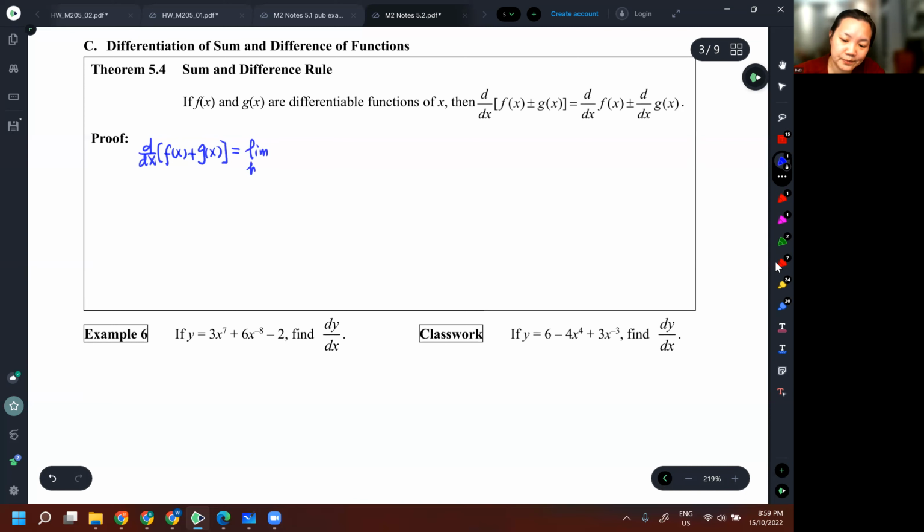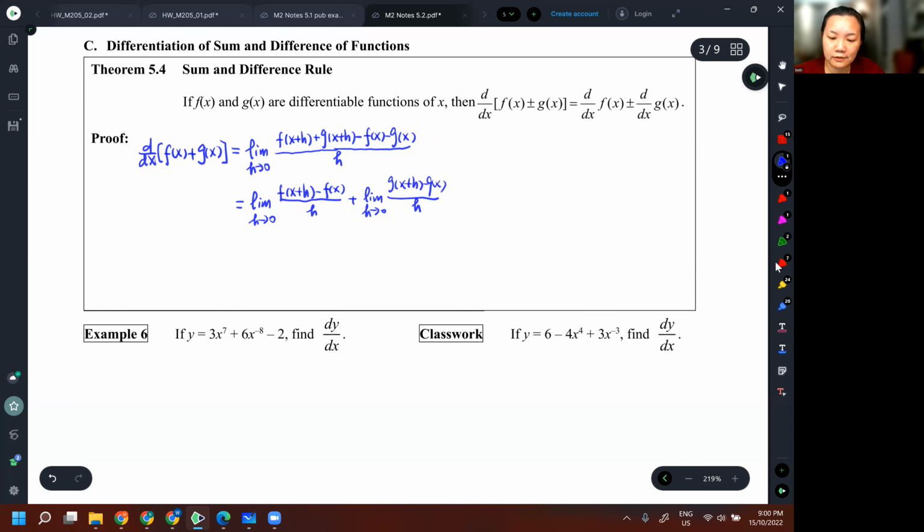The first principle: f(x+h) plus g(x+h) minus f(x) minus g(x), divided by h, equals the limit, the first limit plus the second limit, and that is d/dx f plus d/dx g.